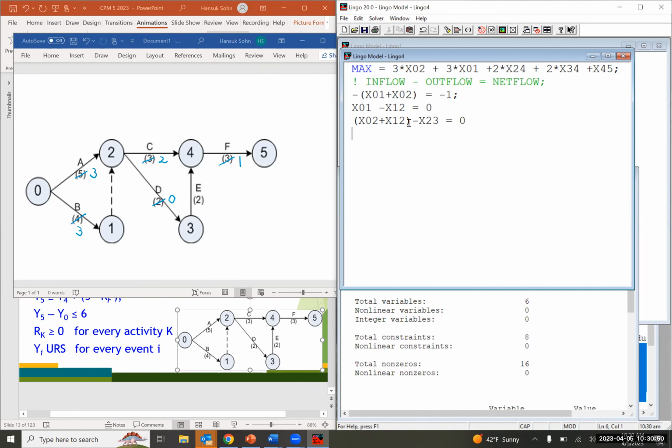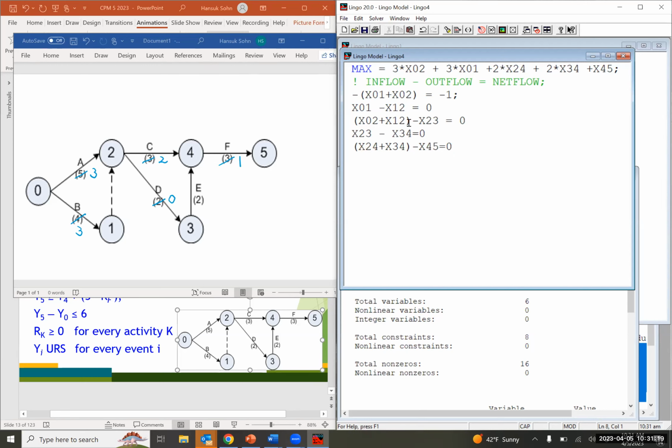And for event number 3, 1 inflow, x23, 1 outflow, x34. And for event number 4, we have 2 inflows, x24, x34, and we have 1 outflow, x45, equals 0.